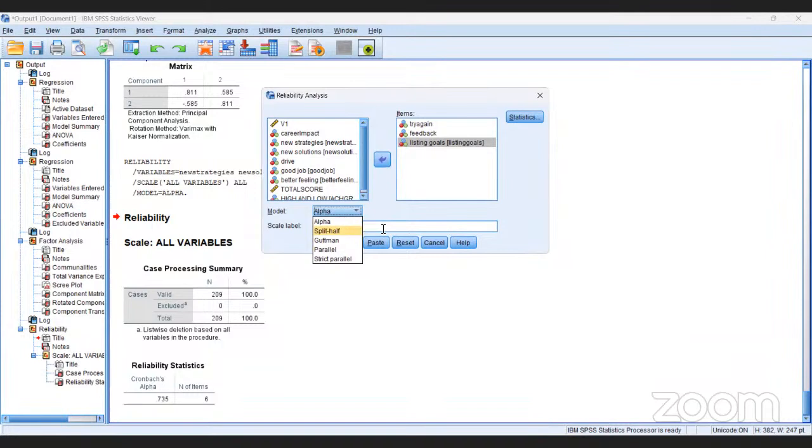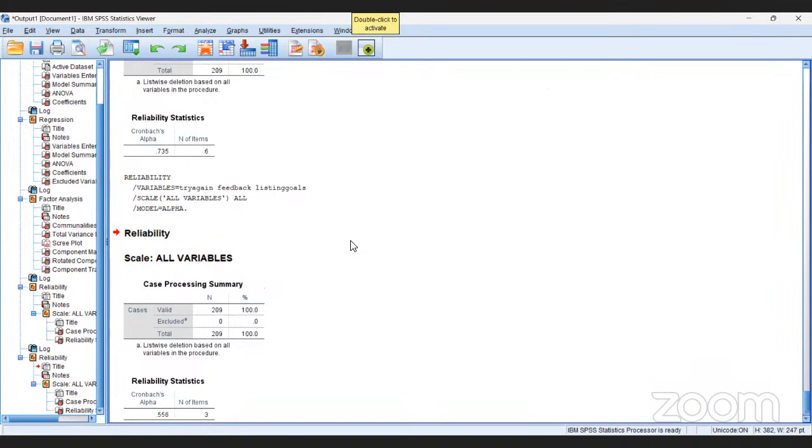Alpha denotes the Cronbach alpha; split half means we are dividing the test into similar halves, two groups. I think he who is asking this question is not very clear about the reliability coefficient and methods. So I am clicking this.